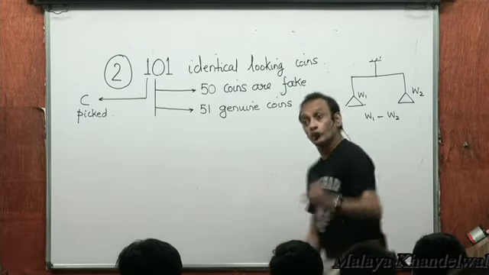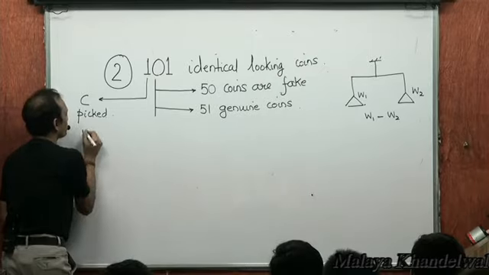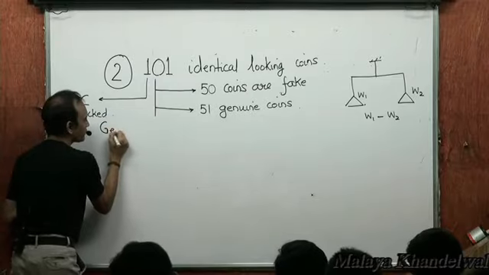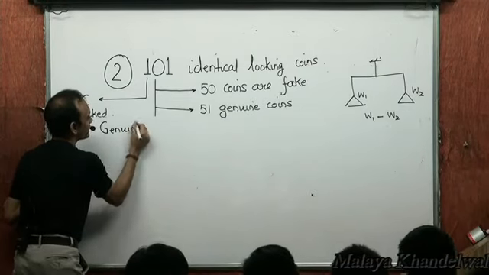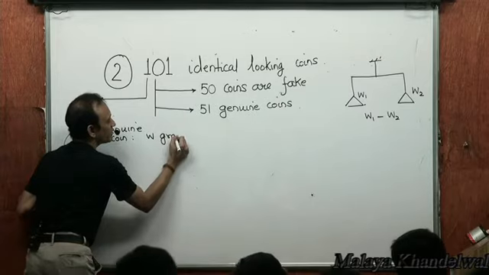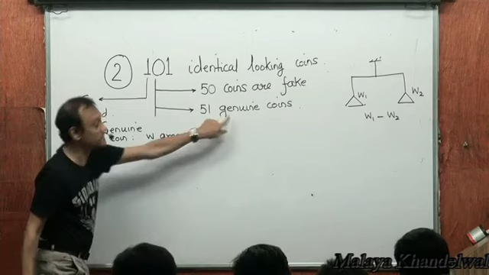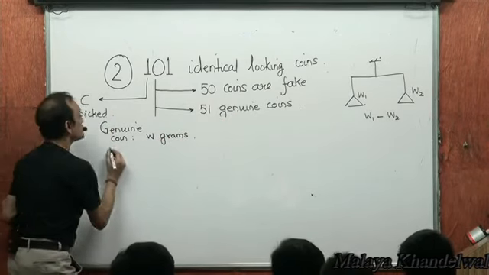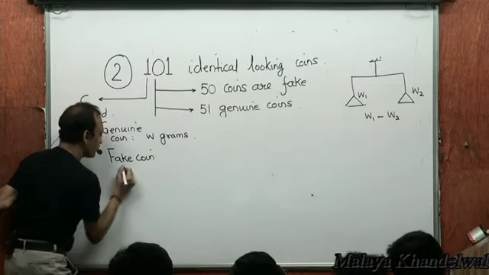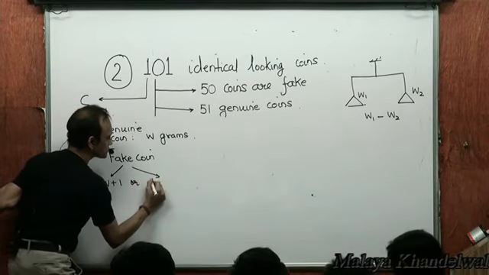Now, the problem also says that if a genuine coin weighs W grams, and there are 51 of these genuine coins, then a fake coin would weigh either W plus 1 gram or W minus 1 gram.